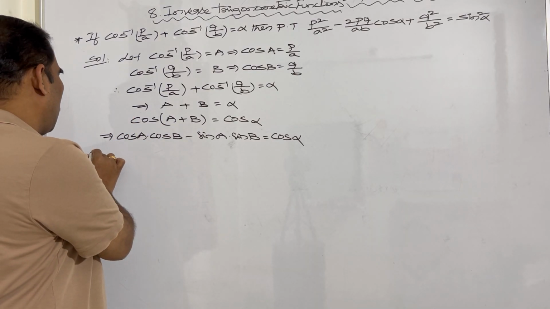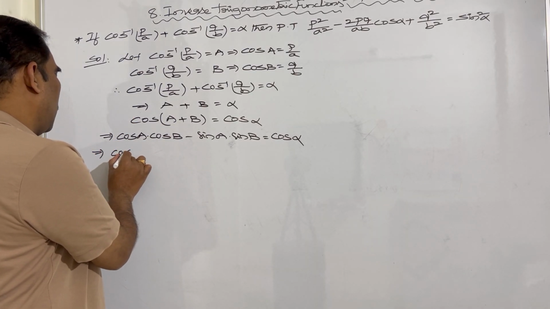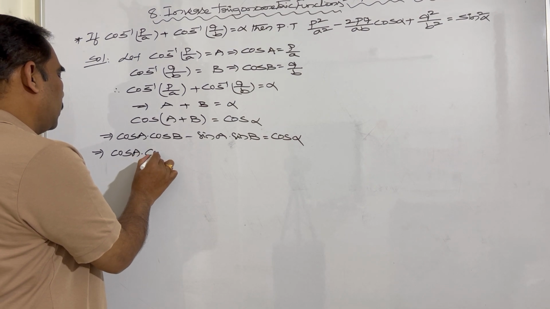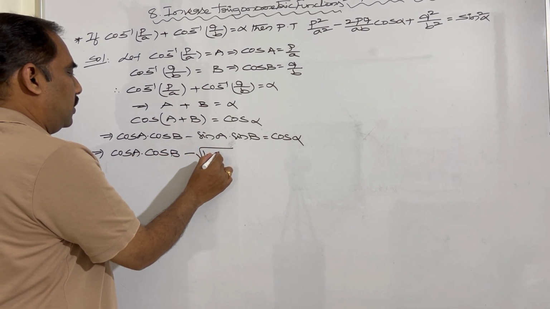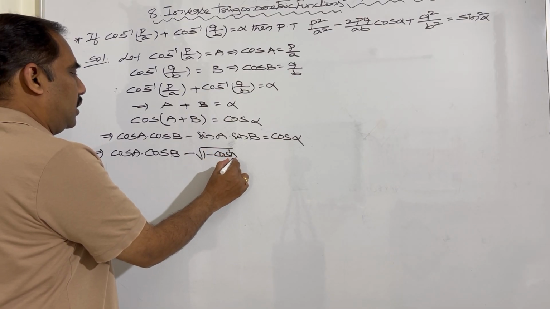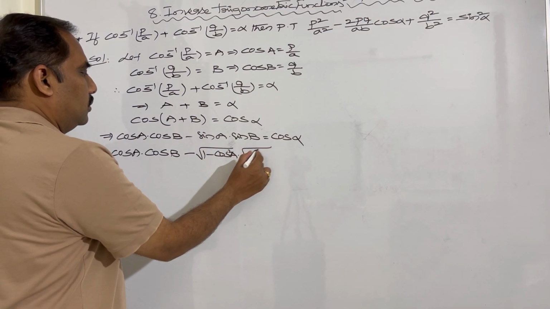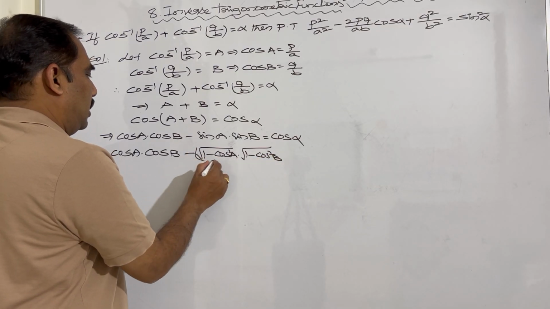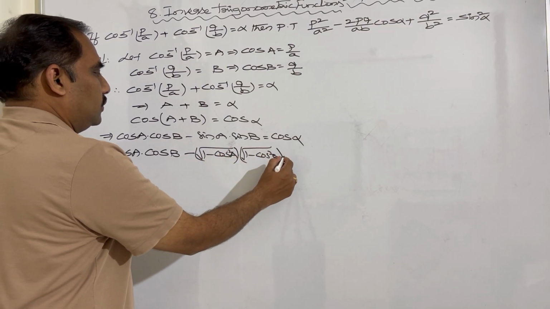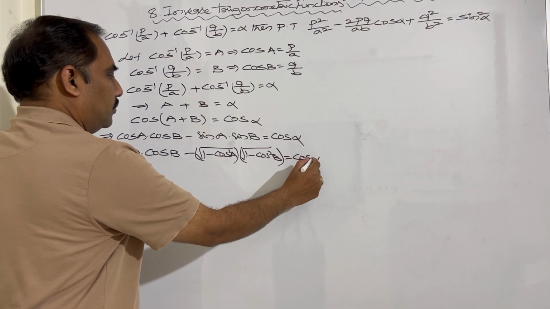And sin A we write as root over 1 minus cos square A, and sin B as root over 1 minus cos square B. Then it is equal to cos alpha.